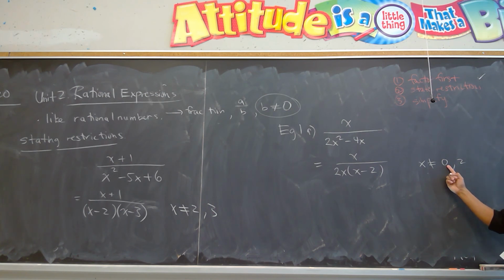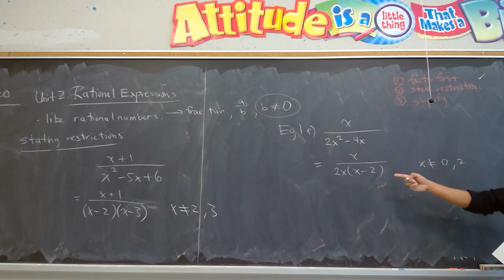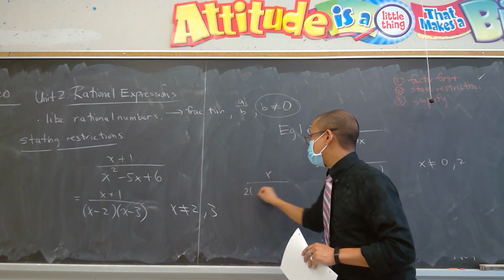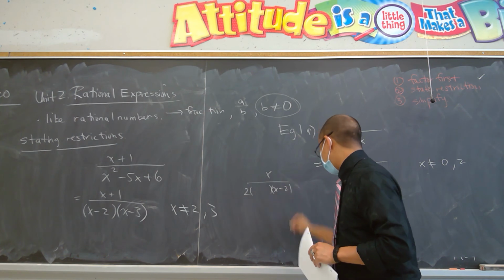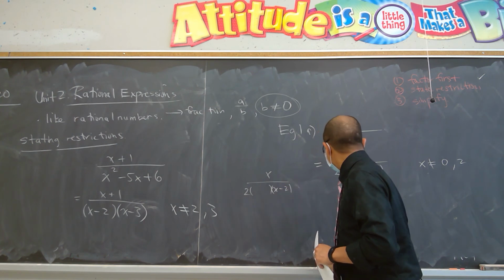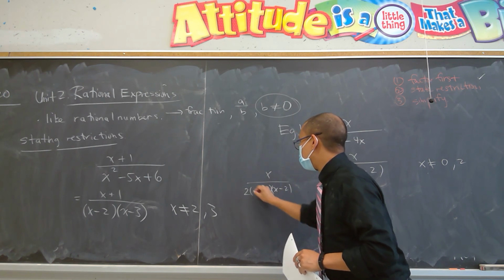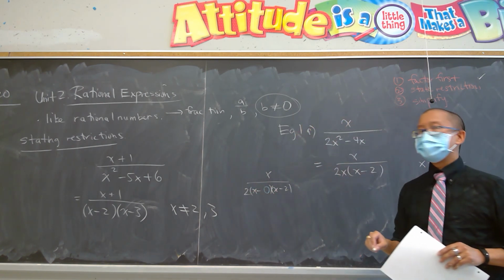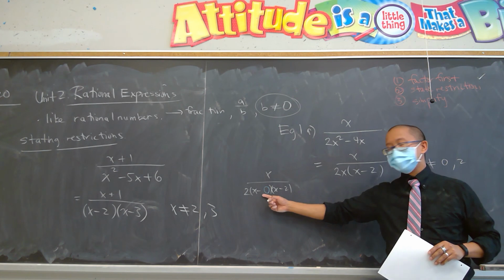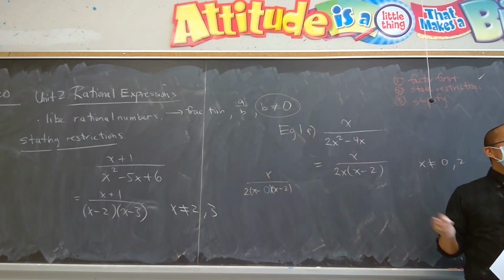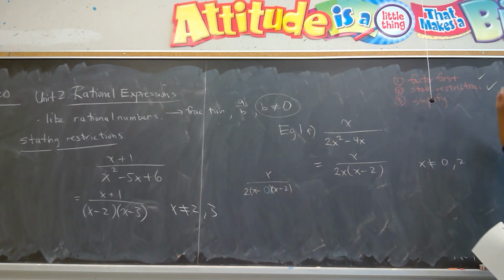Before we continue, everyone okay? If you really need help to see this, I'll just do this off to the side. Some students see it a little easier like this. Some of you find it easier, x minus 0. And that's that. Before we continue, everyone okay with stating restrictions?